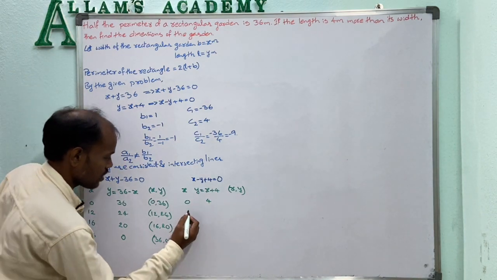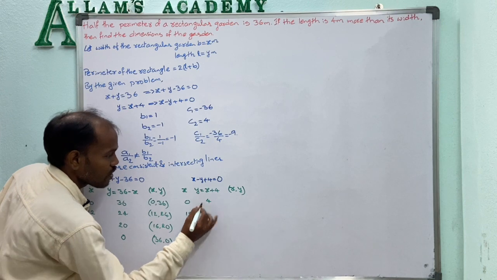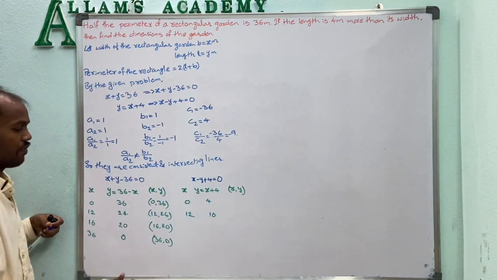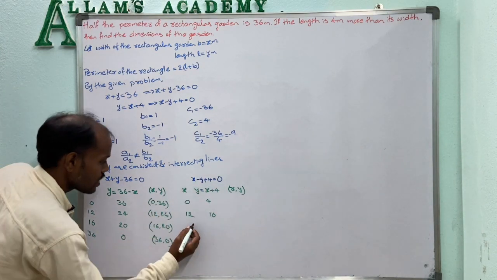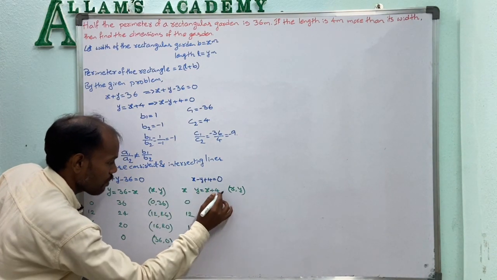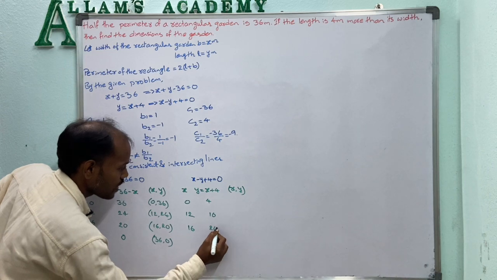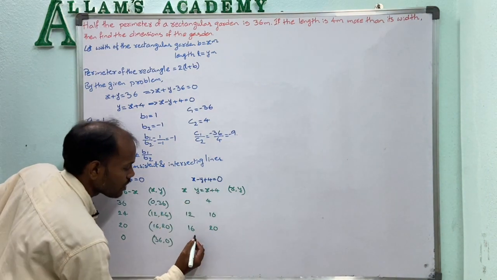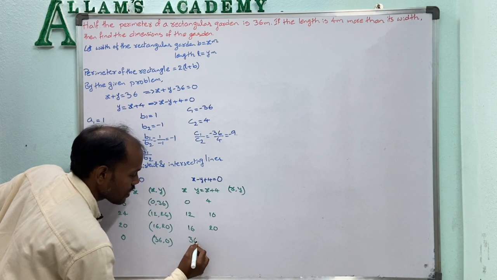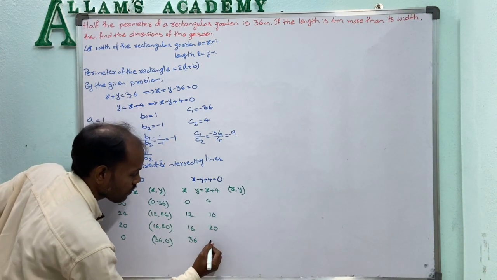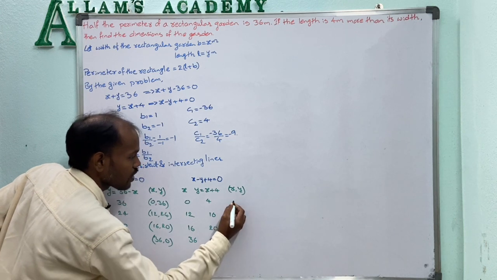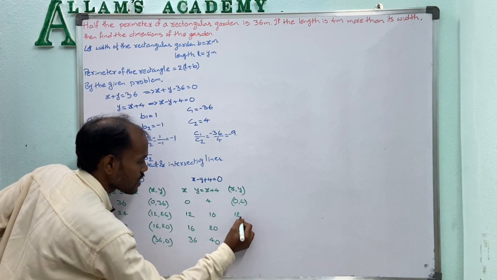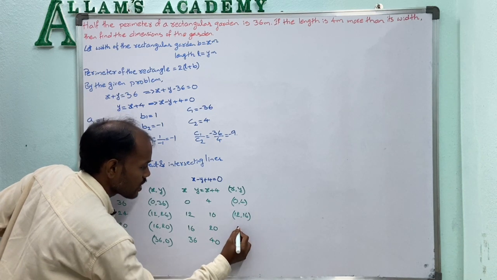If x equals 12, 12 plus 4 equals 16. If x equals 16, 16 plus 4 equals 20. If x equals 36, 36 plus 4 equals 40. So the points are (0, 4), (12, 16), (16, 20) and (36, 40).